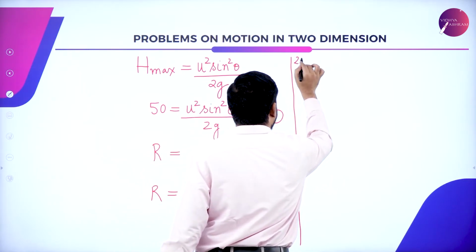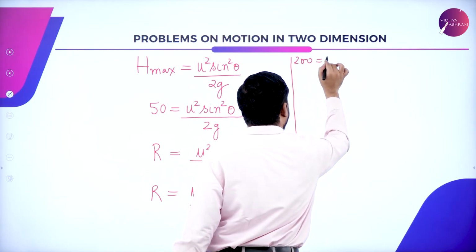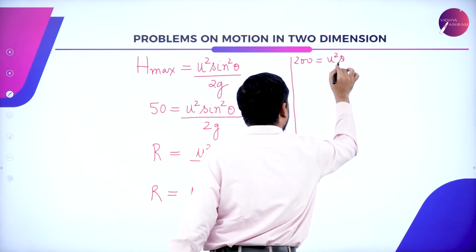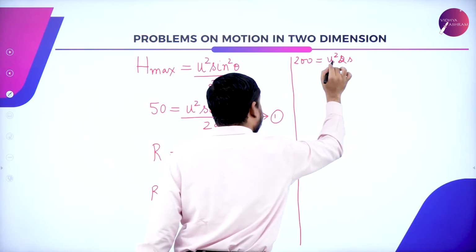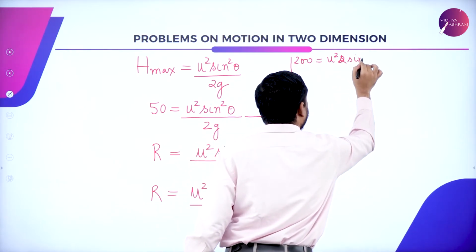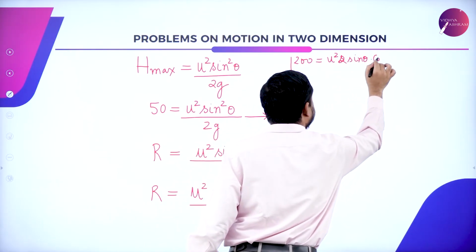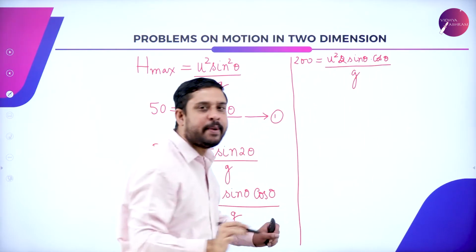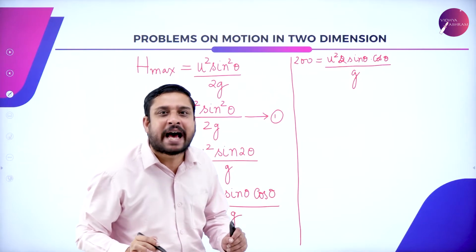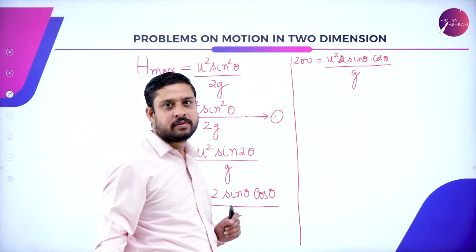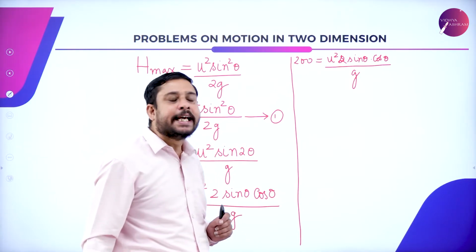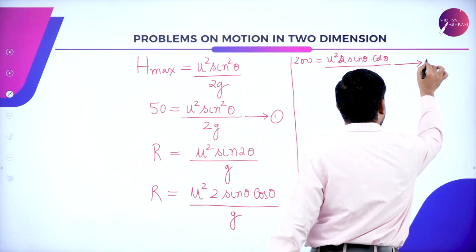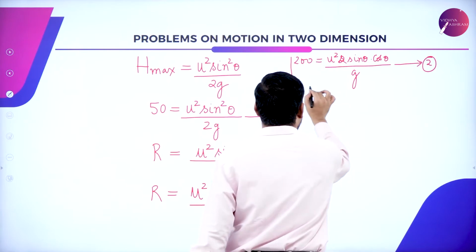So 200 equals u square 2 sine theta into cos theta by g. See, my ultimate aim is to evaluate theta. So I am rearranging terms and I call this equation 2.